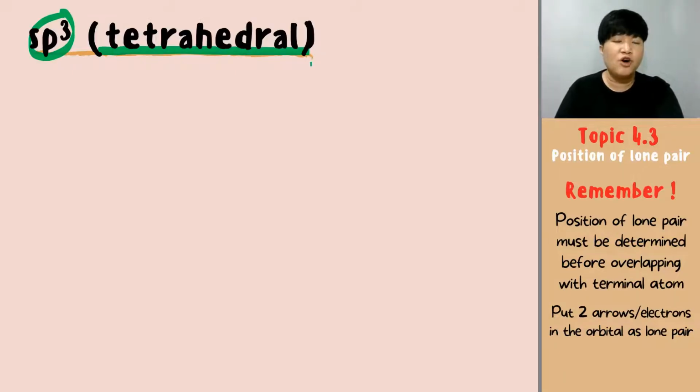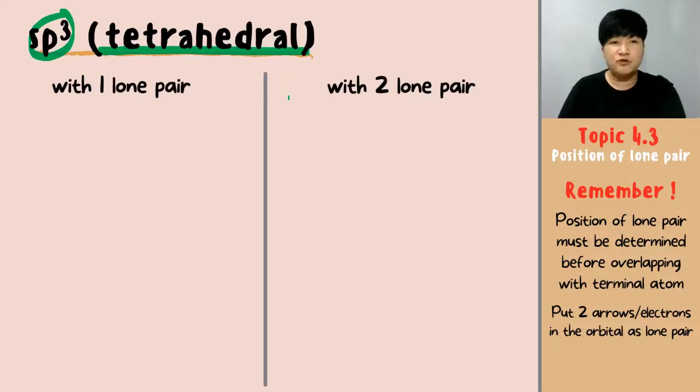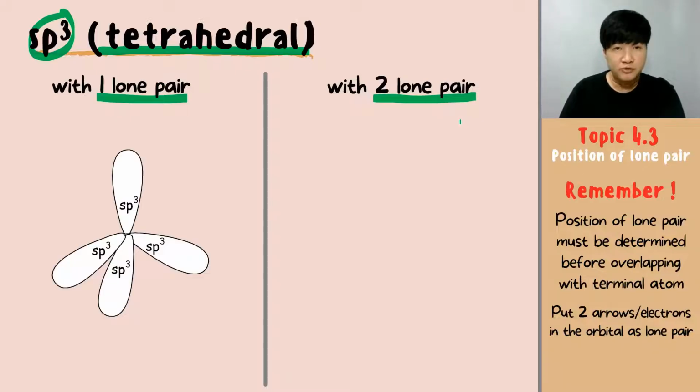Okay? Next, we have the sp3 hybridized orbital. sp3 hybridized orbital is a tetrahedral. And we have two conditions. One, your sp3 can have one lone pair at the central atom, or it can have two lone pairs at the central atom. Let's see the shape of tetrahedral first. That is how your tetrahedral, your sp3, looks. Okay?